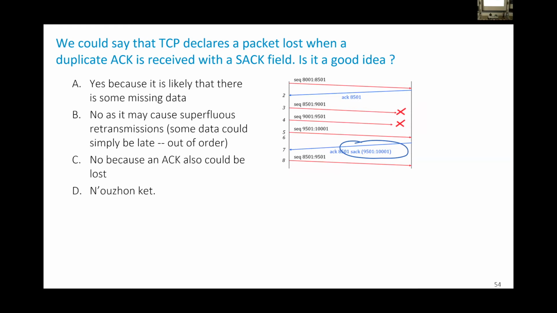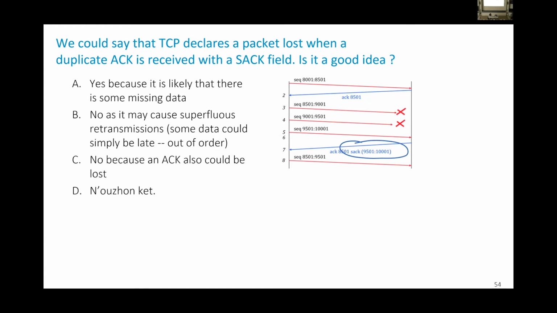Here I'm showing a scenario that we saw last week where 2 packets are lost here. And of course, TCP will send an acknowledgement here. TCP replies with an acknowledgement as soon as it receives 1 packet of information, and it replies with a SACK block here. Now, at point 7, the receiver knows that, or can infer that something was lost because it receives an acknowledgement with a gap.